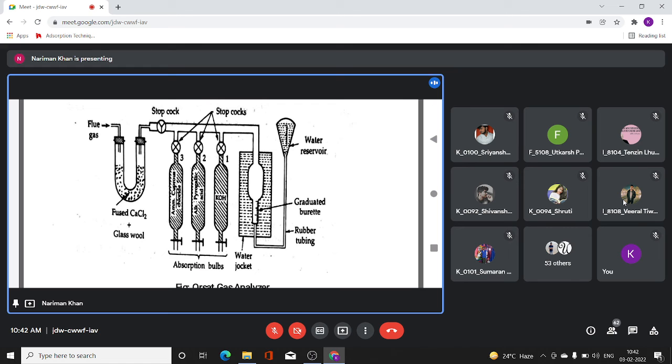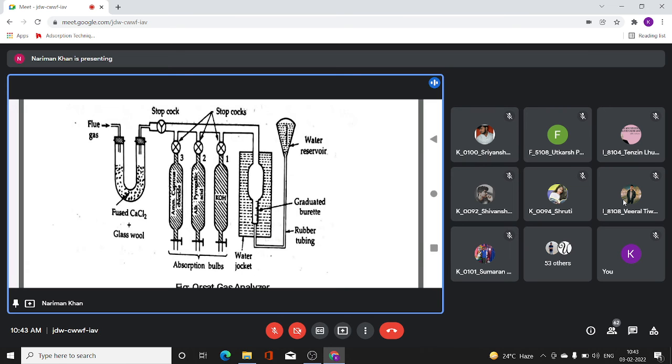Now you all know that from the burette we can take the reading up to 0.1 ml. So the water jacket surrounds the graduated burette, which is connected with a water reservoir by a rubber tubing.